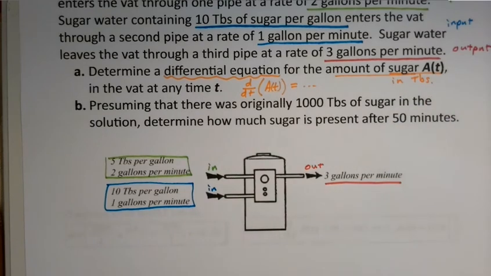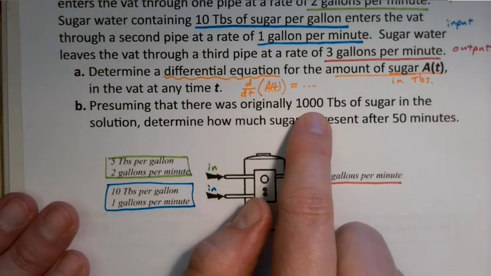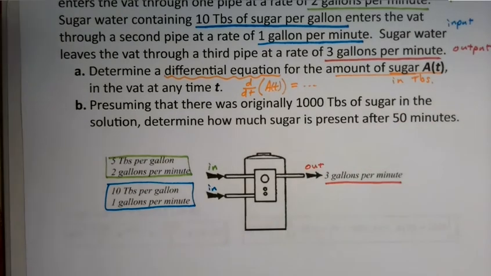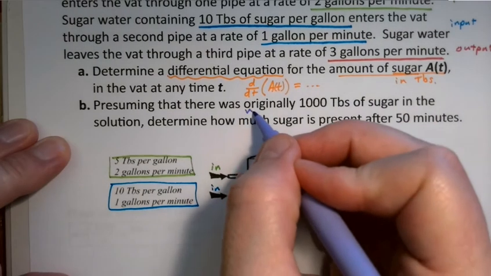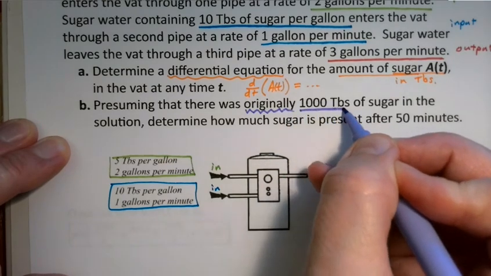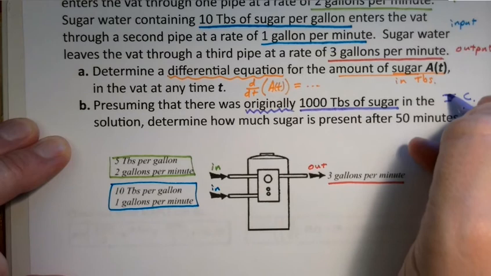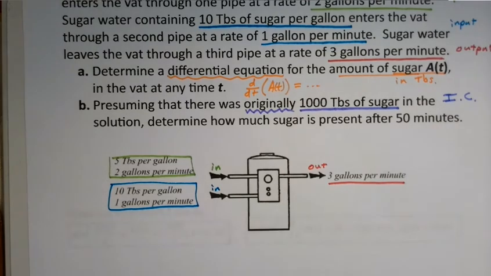So that's part A. And then part B says, okay, once you've come up with an equation, you should be able to solve it, and we should be able to come up with something. So notice, presuming that there was originally 1,000 tablespoons in the solution. So notice the language. Originally, 1,000 tablespoons of sugar. This is my initial condition. They're actually giving you the initial condition right there.